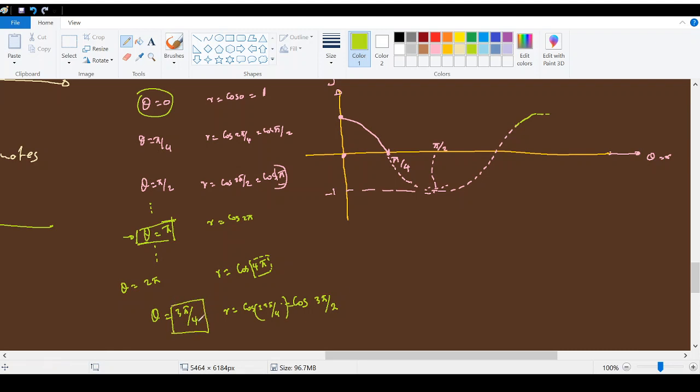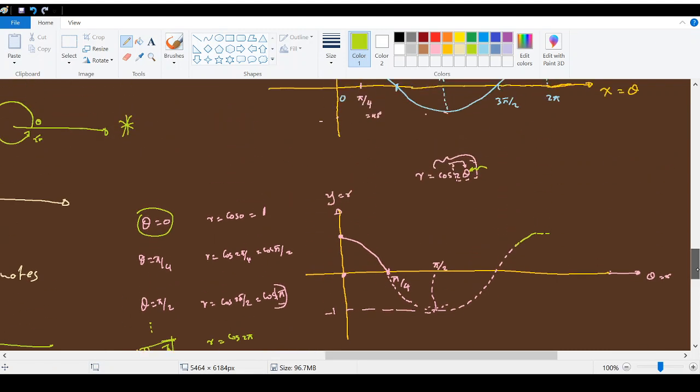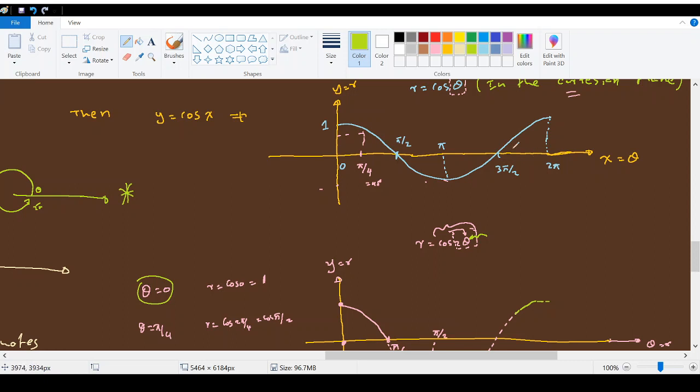And then at 3 pi by 2 you can see that the cosine curve will reach 0 once again.